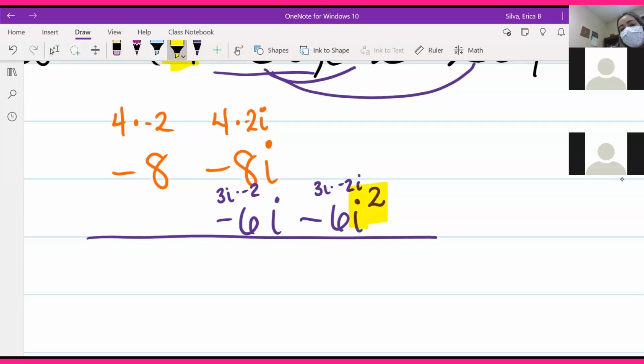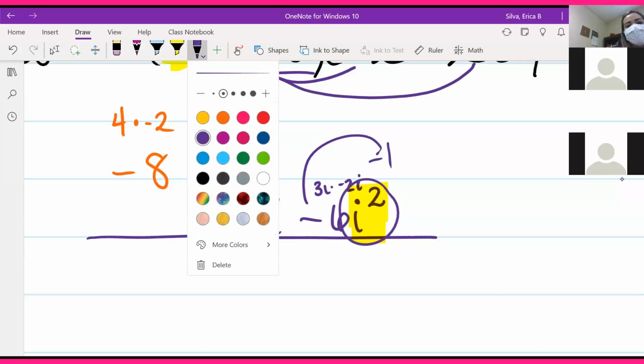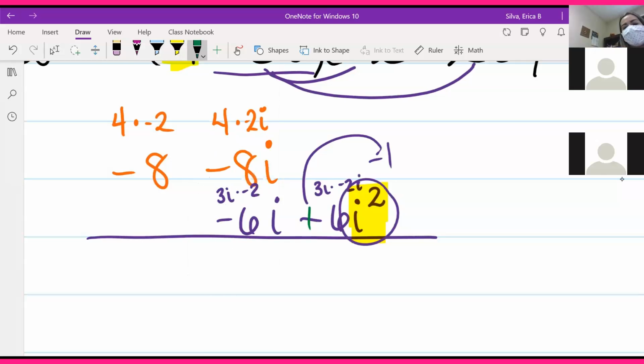Now we want to look at my i squared. That i squared is equal to negative 1. So that's basically making this 6 a positive number. So we're going to put it over here, positive 6, and then we can cross it off over here.